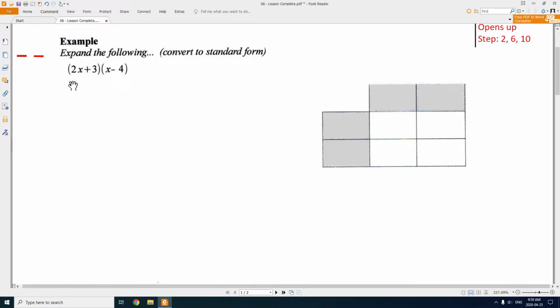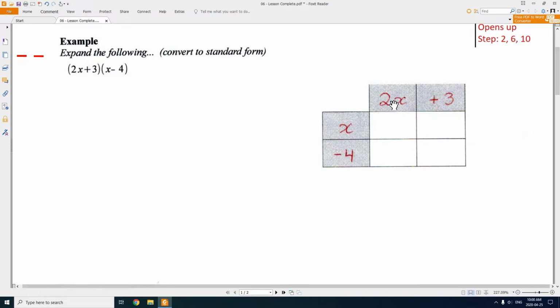Remember, in the chart, you copy each one of these brackets into a row and a column. So 2x plus 3 would be 2x plus 3, and then x minus 4 would go down here. And then it's just a matter of filling in the chart. You multiply each row with each column to fill in the boxes inside.